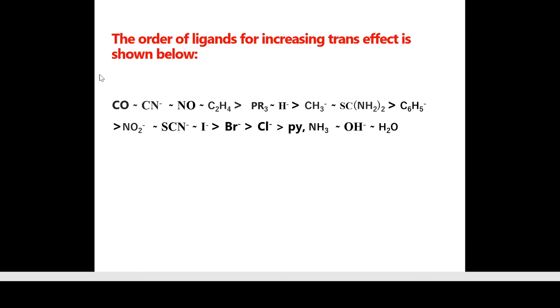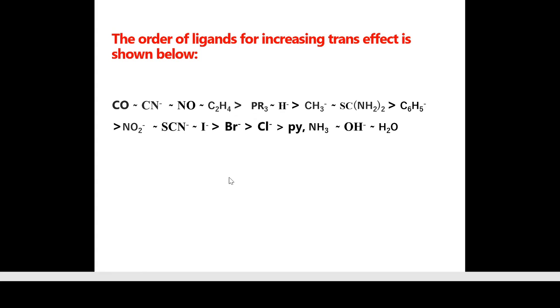See, this is the order of ligands for increasing trans effect. Carbonyl, CN, NO, C2H4. This is near about the same power. Then which is greater than PR3, H. This sign indicates near about the same. Okay. This is the highest. All these ligands are at the highest position in this series, and these are at the lowest position, meaning this shows less trans effect, while this shows higher trans effect in this series.